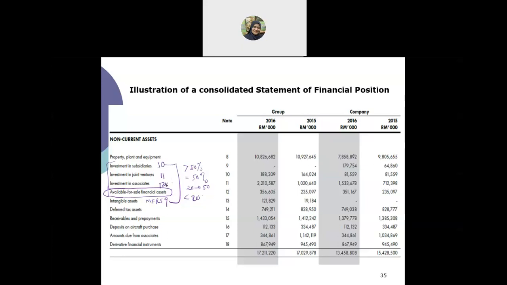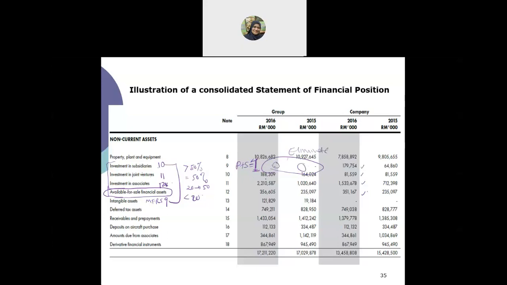If you look at the company section here, we're going to include all investments: subsidiary, joint venture, associates, and then available for sale. But when it comes to the group, the parent and subsidiary are considered as a single entity. So you need to eliminate the investment in subsidiaries in the group section. So there will be 0 here, because you already eliminated this one.